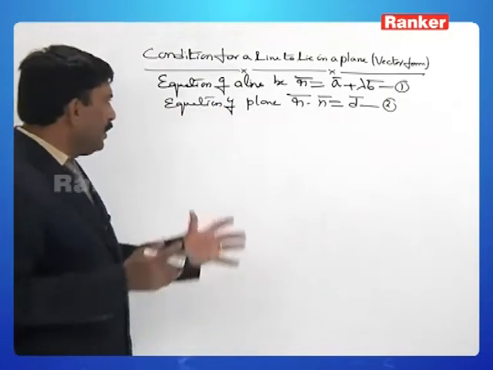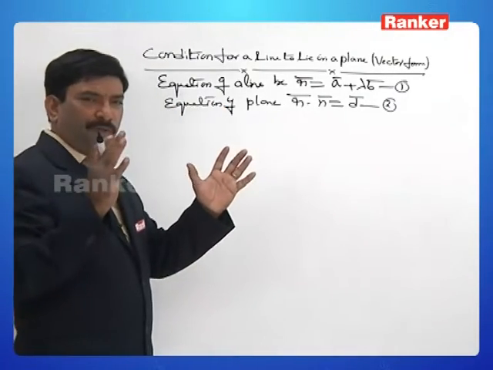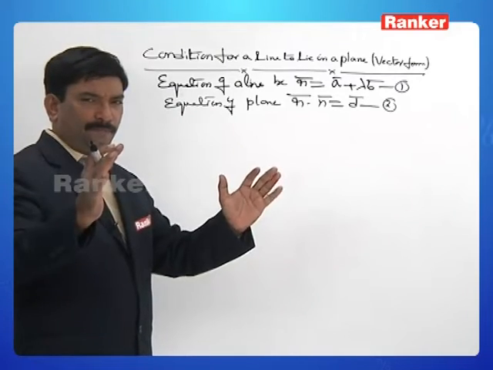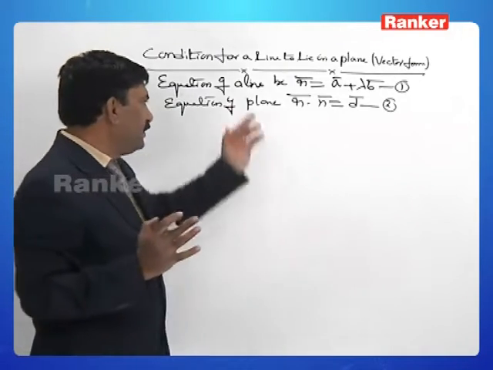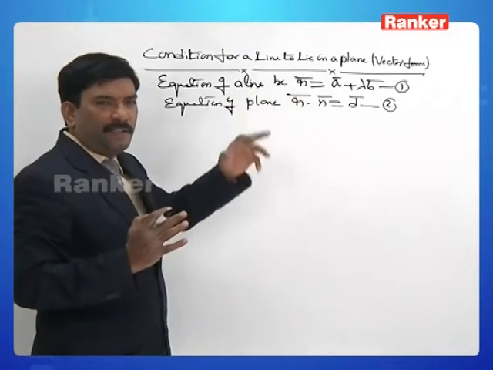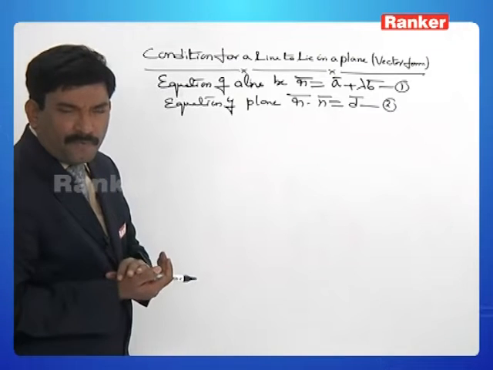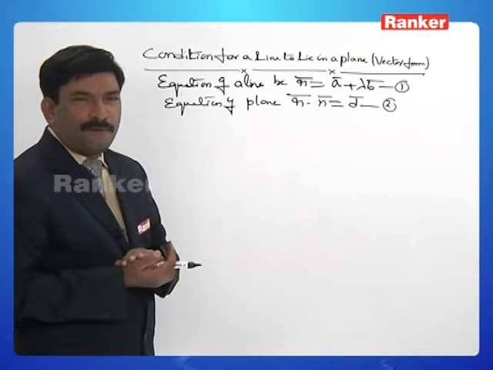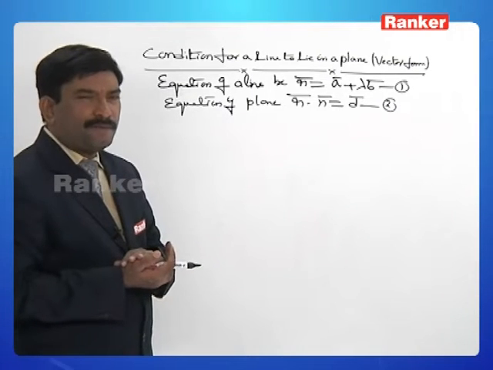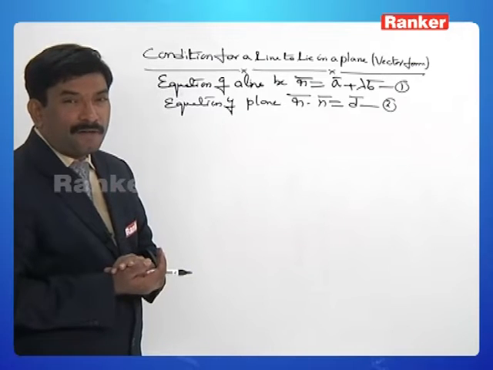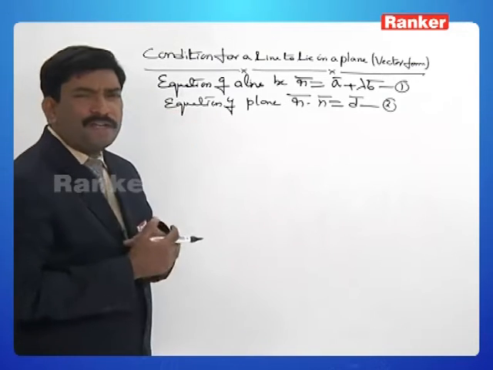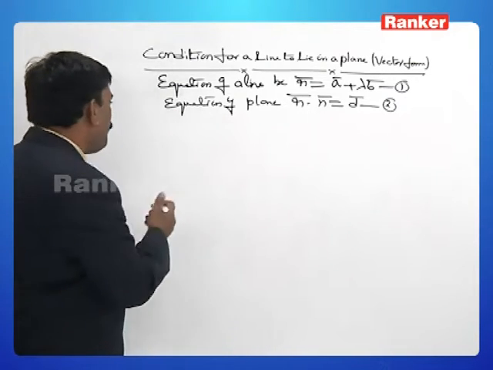So therefore, now we have to find out the condition when this line lies in the plane. When that line lies in the plane, it means every point of the line must satisfy the plane. Solve 1 and 2.